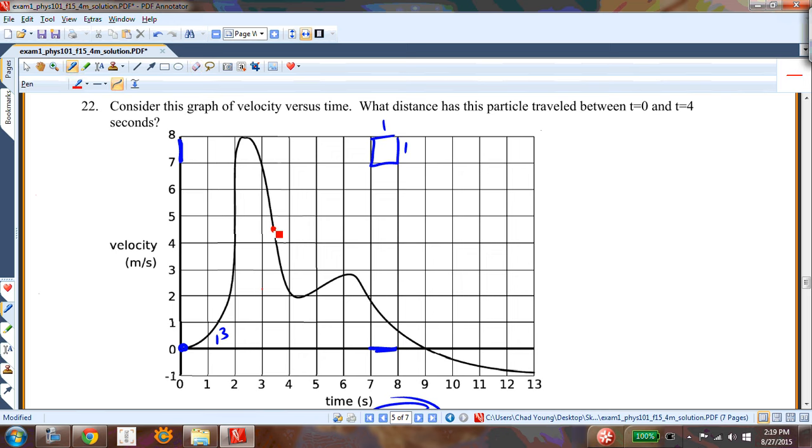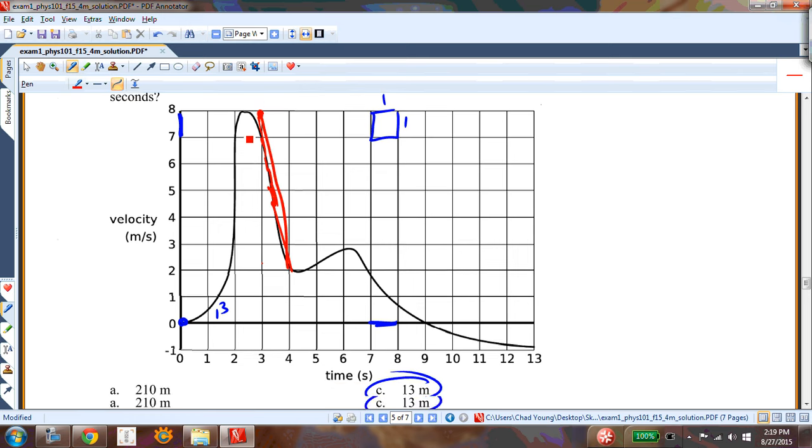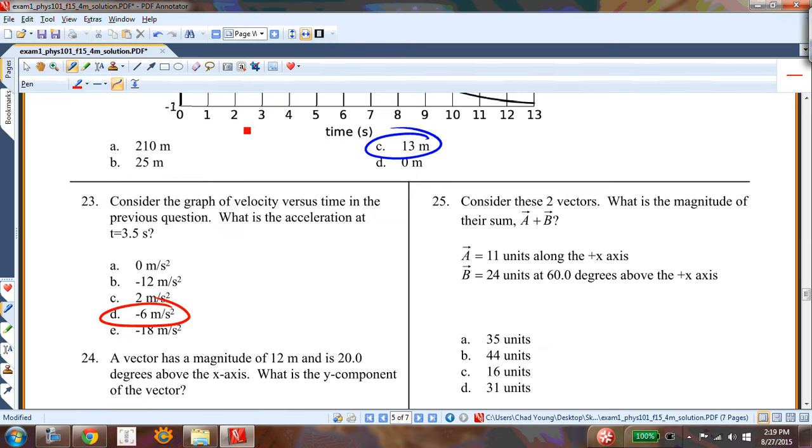If I draw my tangent line, I'm going to fudge it a little bit. Yeah, you get the idea. It should go something like this. Anyway, it's going to be close to 5 or 6. And obviously, all the other ones are not correct. You can get rid of A and C, and B and E are much too steep. So D is the right answer.